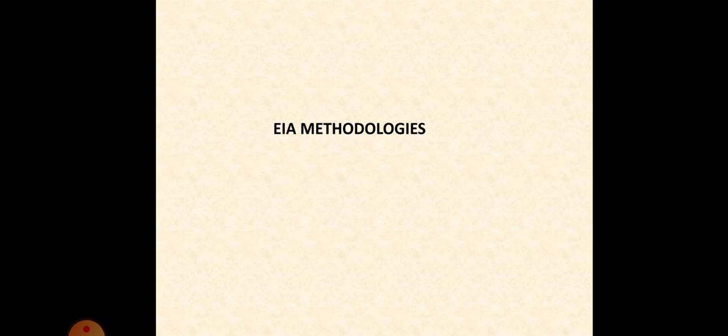So we have studied what is EIA. So EIA or Environmental Impact Assessment is defined as the study to predict the effect of a proposed activity or a project on the environment. So it is actually a systematic way of examining both the beneficial as well as the adverse consequences of any project, and it also ensures that these effects are taken into account during the project implementation or the design.